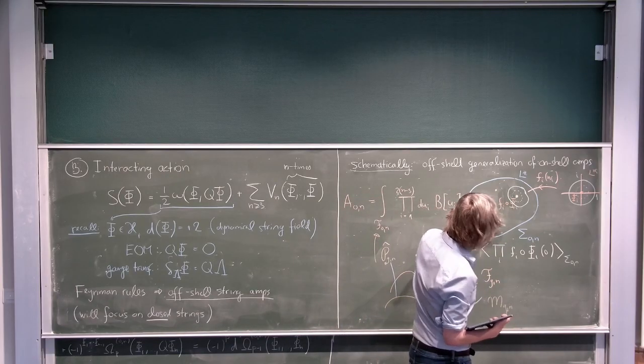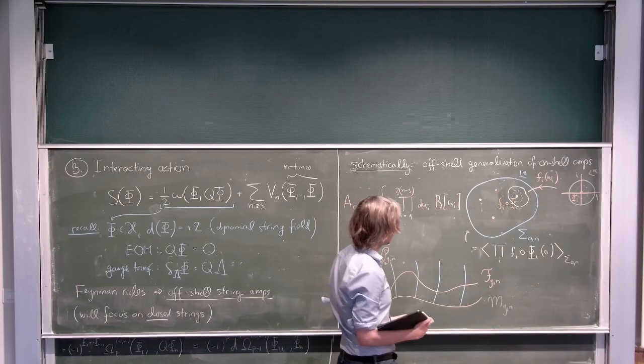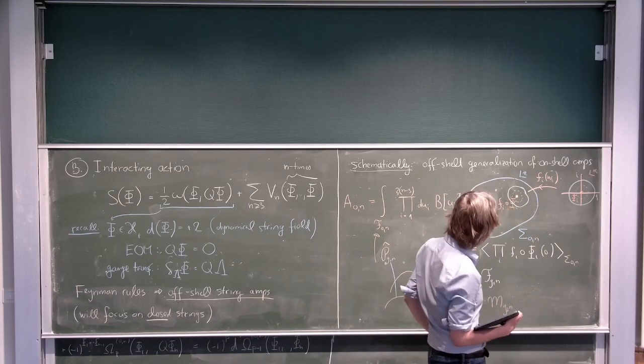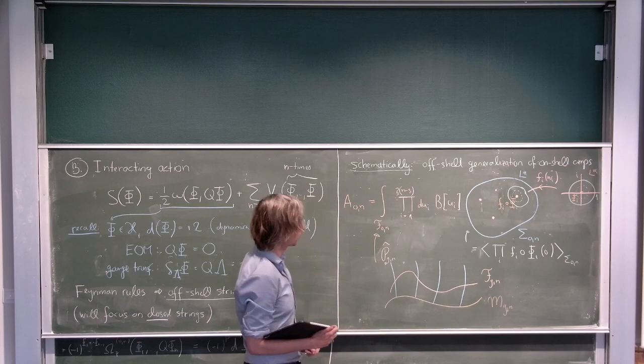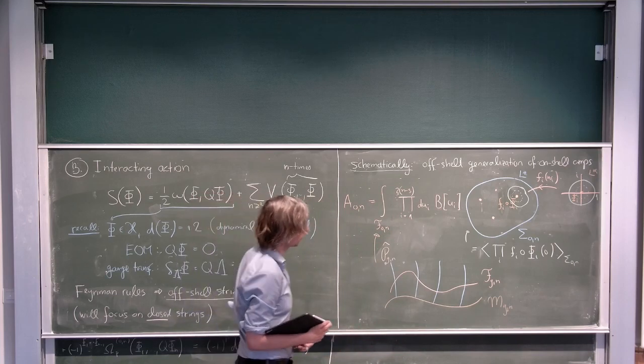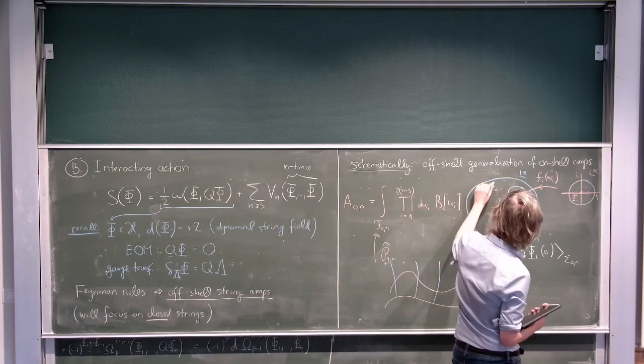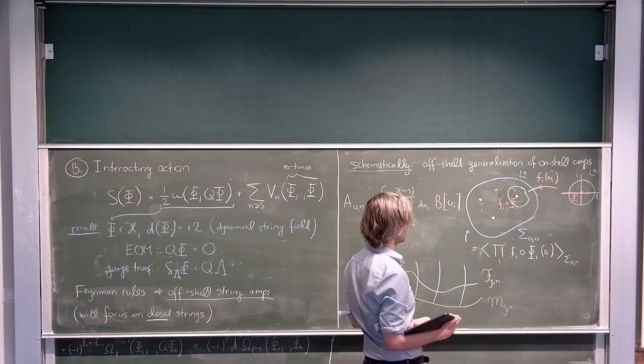So for each puncture where I'm inserting the external state, I have to make a choice of the local coordinates. That's one ingredient which I need to assume for the computation of these offshell amplitudes.